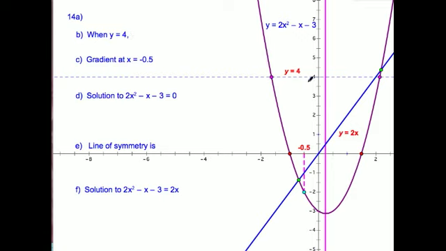We simply draw a line y equals 4, which cuts the curve at 2 points, and we read off the values of x. x is about 2.15 and minus 1.65.